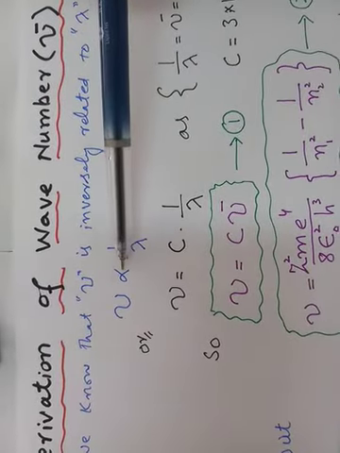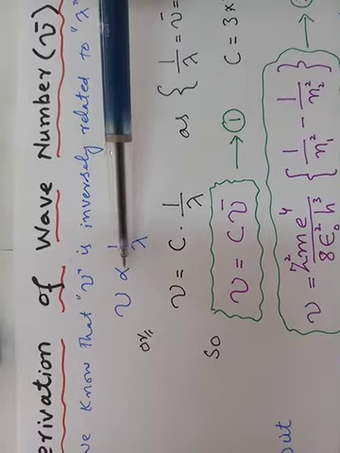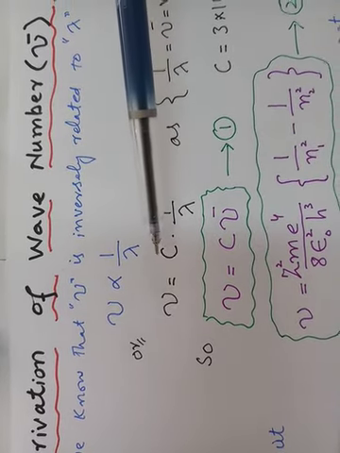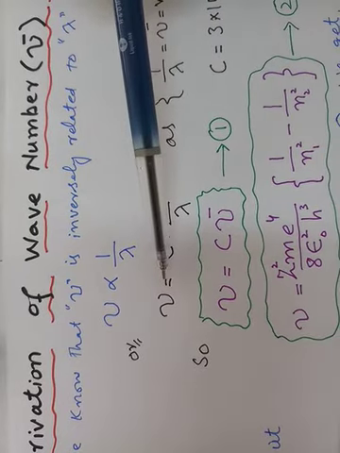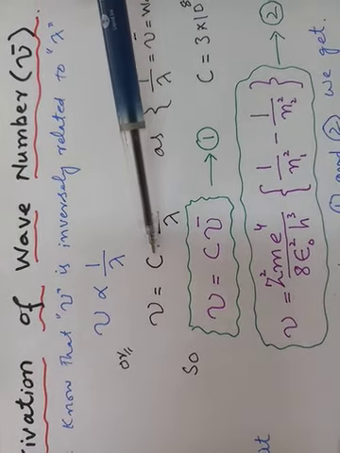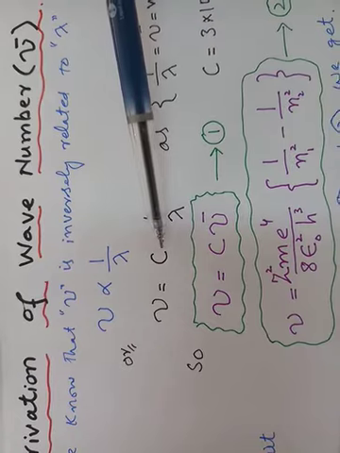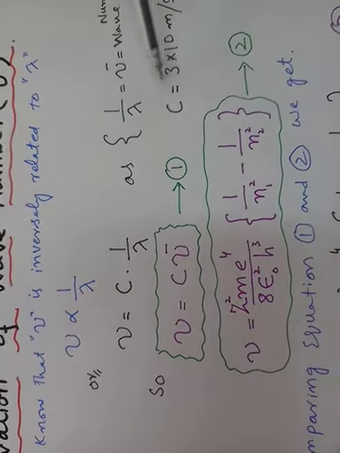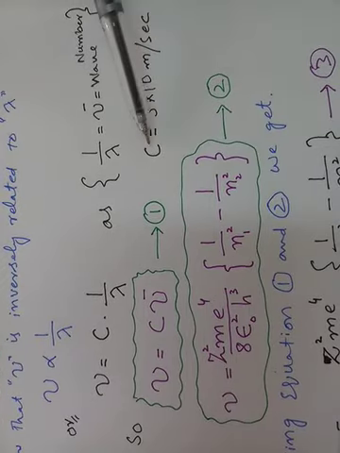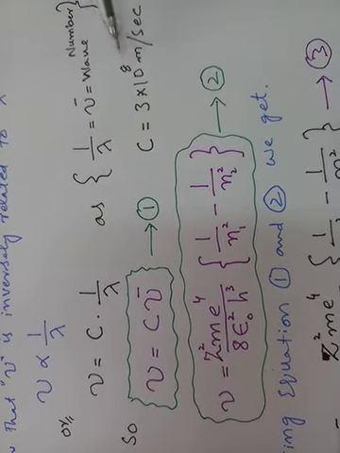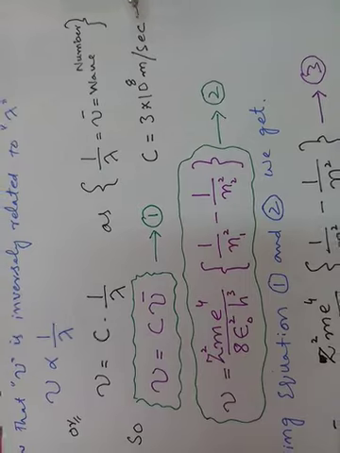In order to remove this proportionality sign, we have to put an equality sign and a constant, which is c. What is c? c is called the speed of light or velocity of light. It is equal to 3 into 10 to the power 8 meters per second. This is the speed of light.